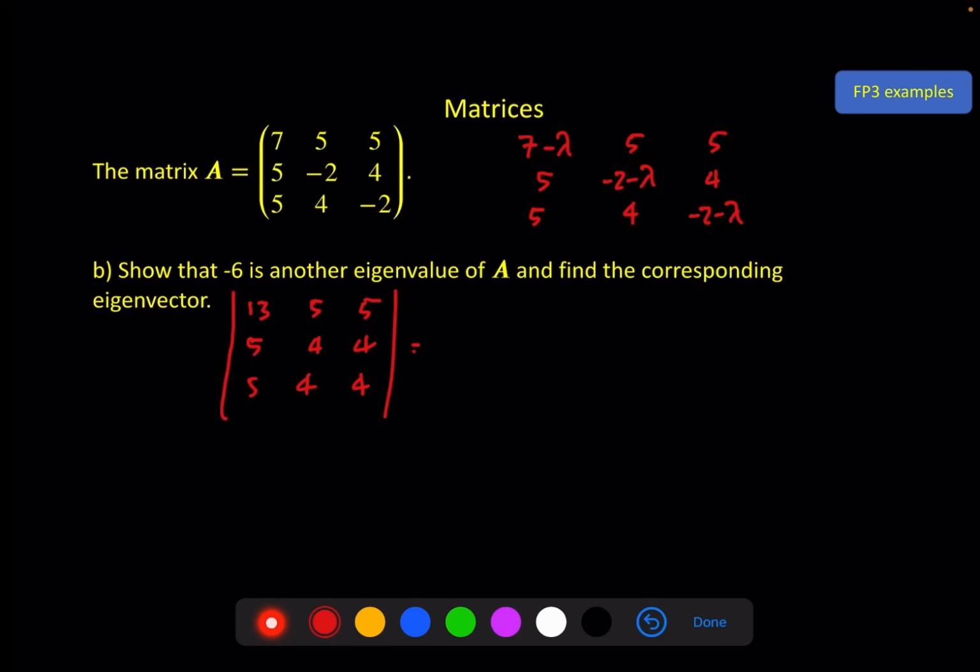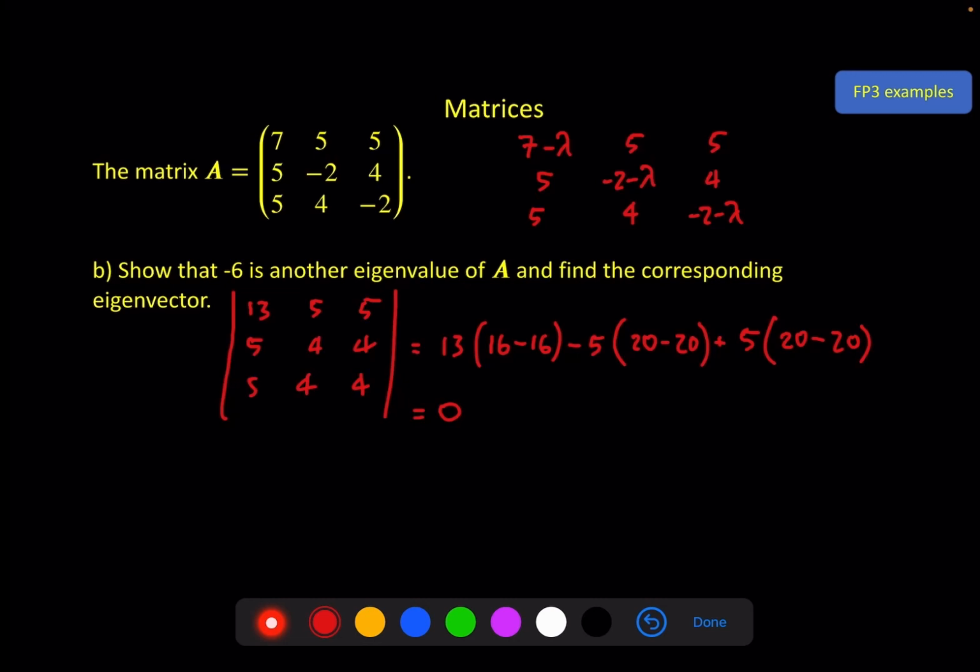The determinant of this is 13 times 16 minus 16, that's a good start, minus 5 times 20 minus 20, plus 5 times 20 minus 20 again. And of course all of those are 0. So -6 is indeed an eigenvalue of A.